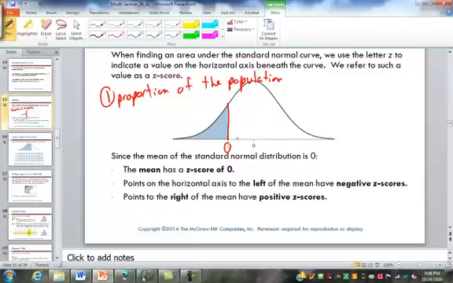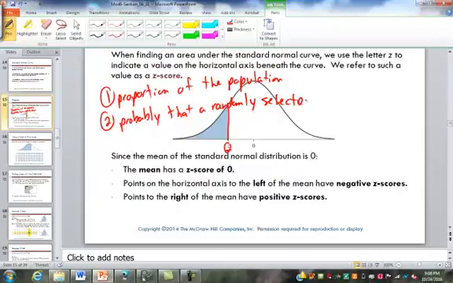So this would be less than the value Z. Or two, the probability that a randomly selected value, a randomly selected item, will have a value in that range. So it would have a value less than Z in this case.